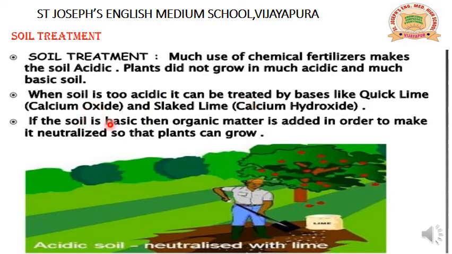If the soil is basic in nature, organic matter, the cow dung manure, is the exact thing we use in most fields to neutralize it. If it is basic, we need to add organic matter to neutralize it. Thus, soil is treated with acids and bases to neutralize.